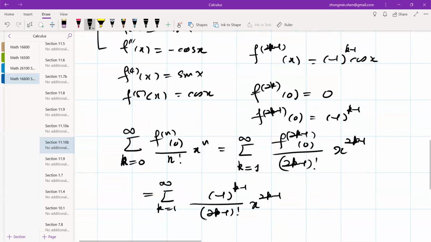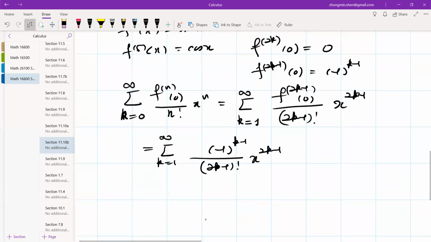We don't know yet. Whether this is converging to cosine x. We find the candidate, because if it has a power series representation, then that must be this one. The question is whether this one is always convergent, on which interval it's convergent. Whether it's convergent to the sine x, we don't know yet.